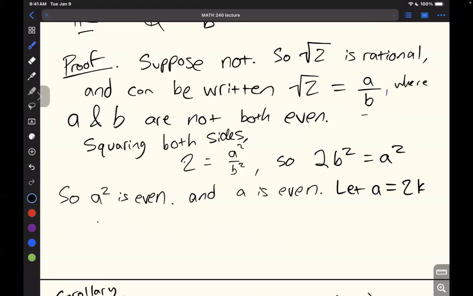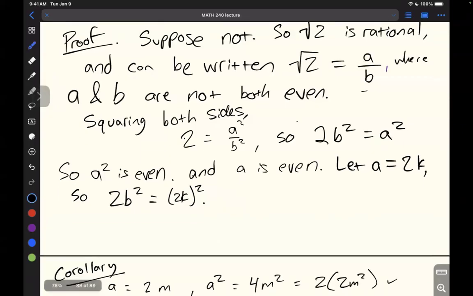Then we have 2b squared is equal to 2k squared, substituting A. So that's fine. Let's square that and see where we get. 2b squared is equal to 4k squared.